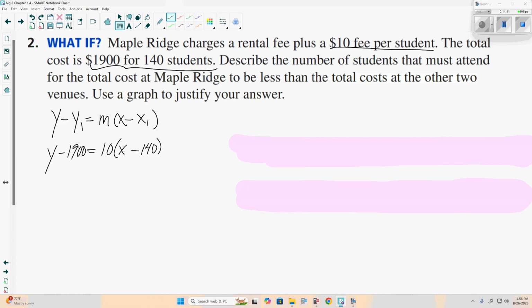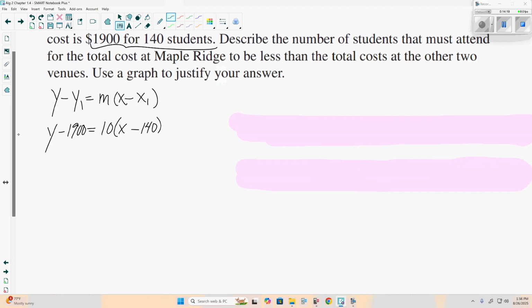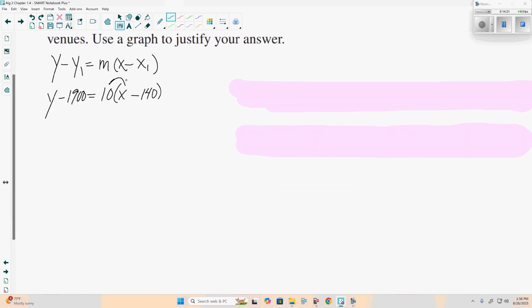So we can plug that in, the number of students in for X, the total cost in for Y. And just like the previous equation, we can solve this here. First thing we can do is distribute the 10. 10 times X is 10X. 10 times 140 is 1,400, yes.